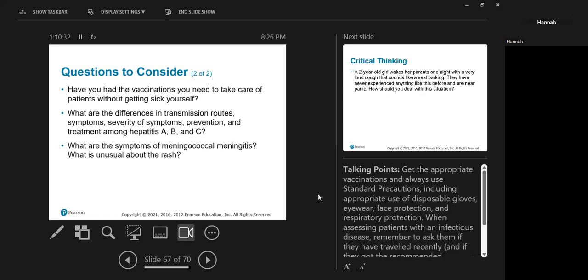Have you had the vaccinations you need to take care of patients without getting sick yourself? So with the hospital, they don't make us get the flu shot. They ask us nicely, repeatedly. And if you don't, then you have to wear a mask through the flu season.